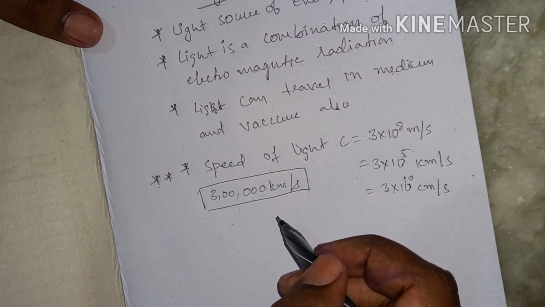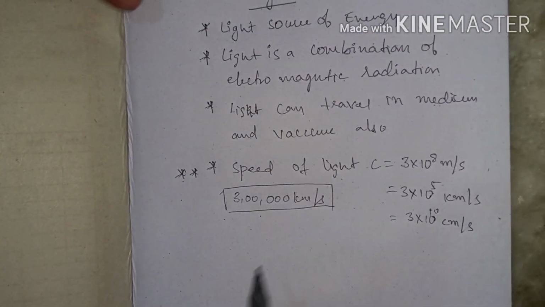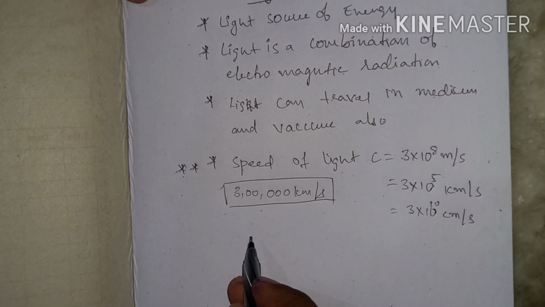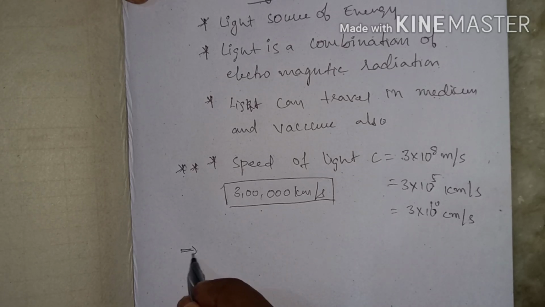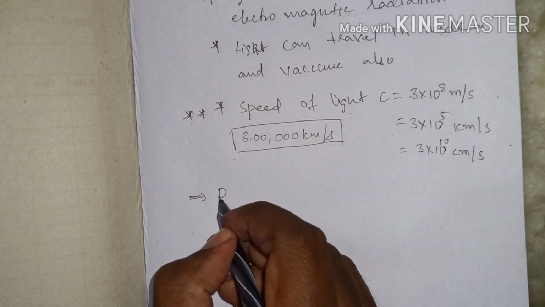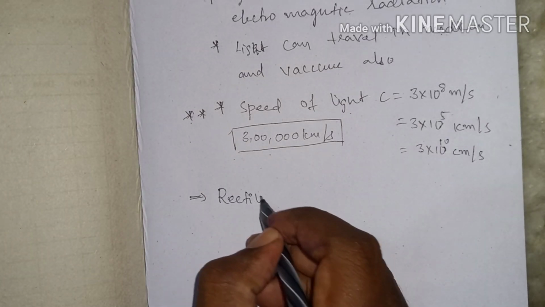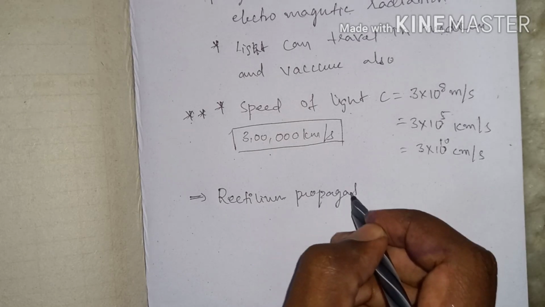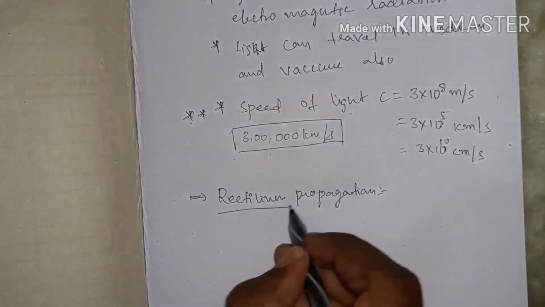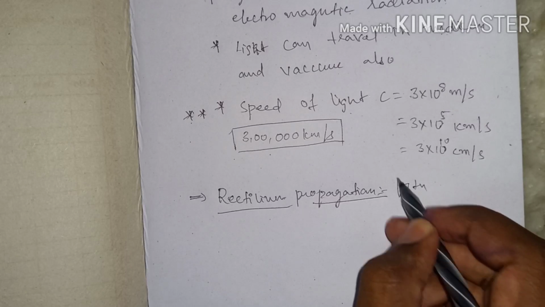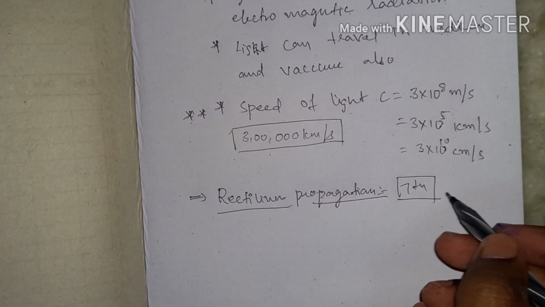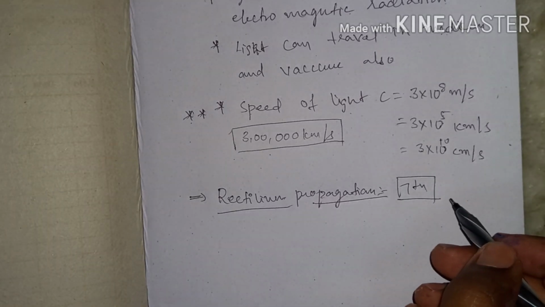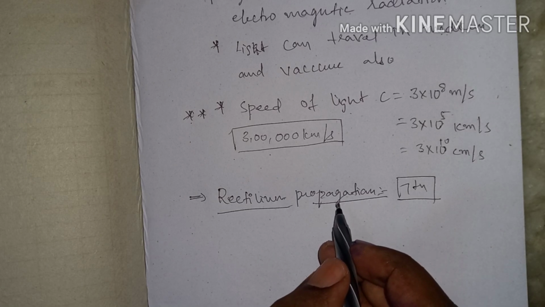Previously I explained that light has some mechanisms. What are the mechanisms? The first one is rectilinear propagation. You already studied this in 7th class, so go back to 7th class and check what rectilinear propagation is.